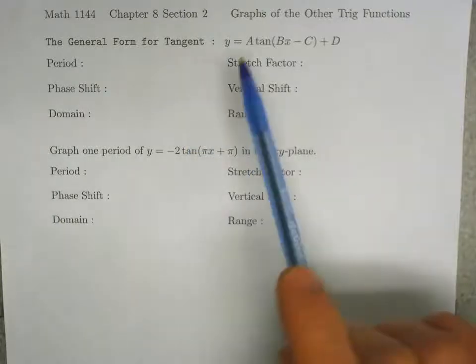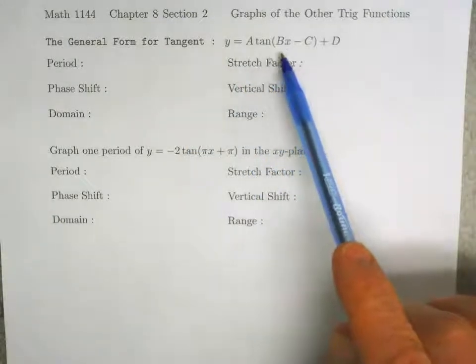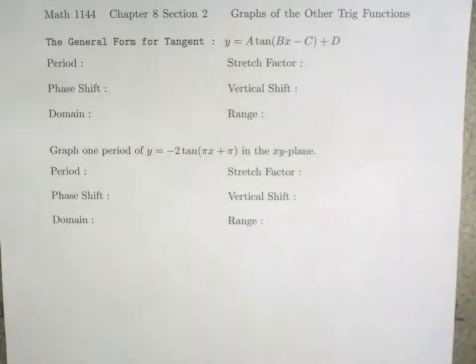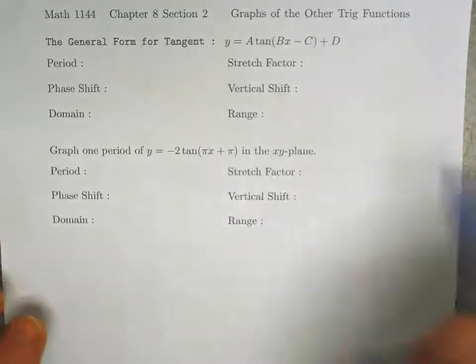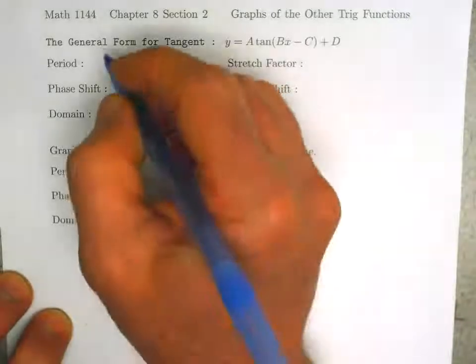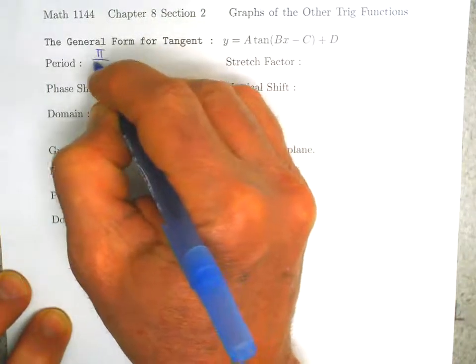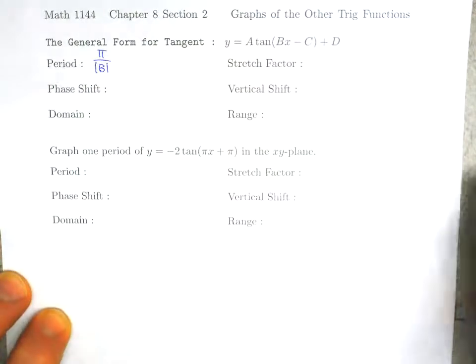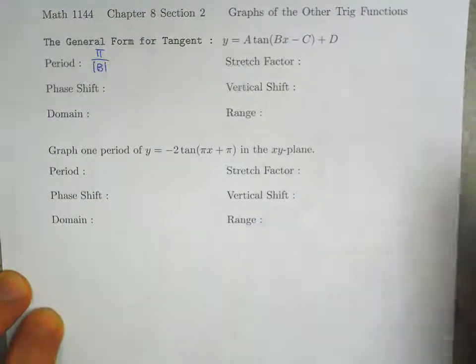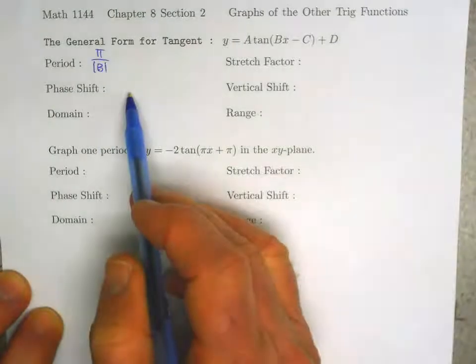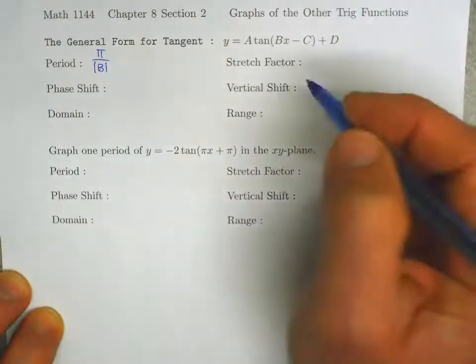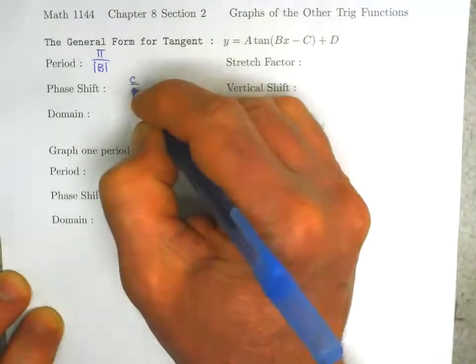Okay, so if we have y equals a times tangent of bx minus c plus d, the period is pi divided by the absolute value of b. The phase shift is c over b.